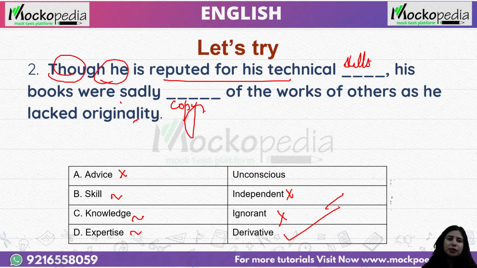Like in this case, we could solve the first blank in a jiffy, but we could eliminate only one answer choice. So that's something we need to know, that as we reach higher difficulty levels, the sentences are going to become complex, choices are going to get closer, and you would need that skill set and right temperament. You should be able to read between the lines in order to reach the right answer, right?